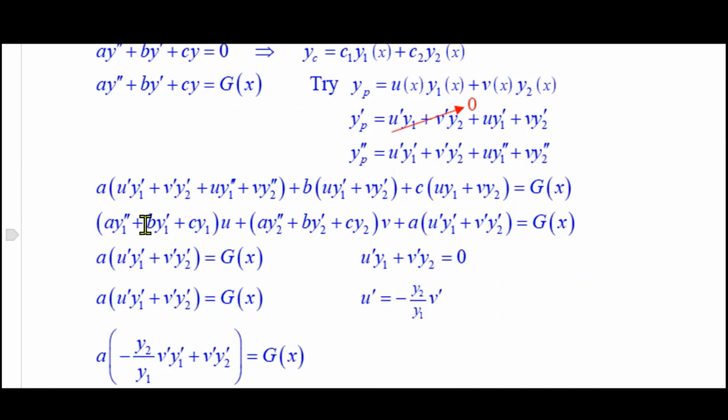So u is a common factor in those three. Good. Likewise, v appears here. Here's a v, so that's the first term, a times y double prime, v common factor. Here's where v is, so b y prime, and then c y. Good. And plus whatever's left. This is whatever's left, this term, right?